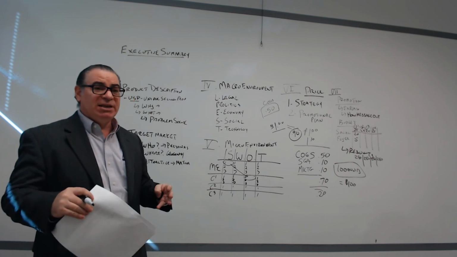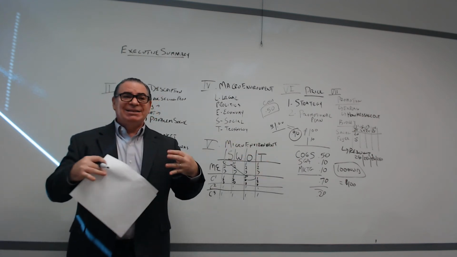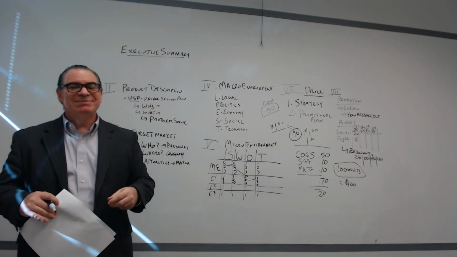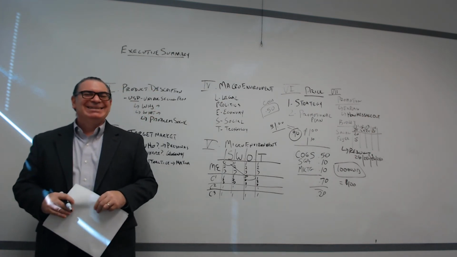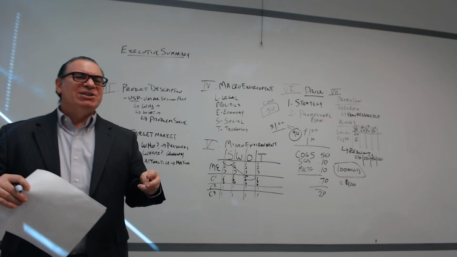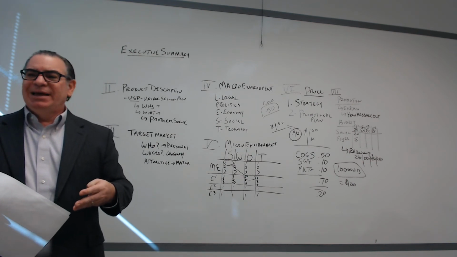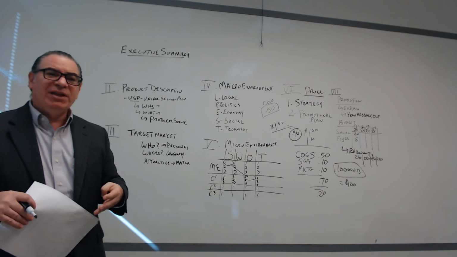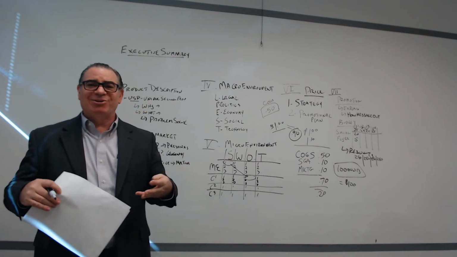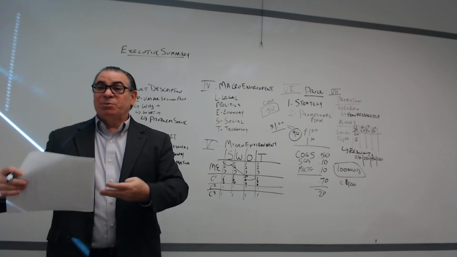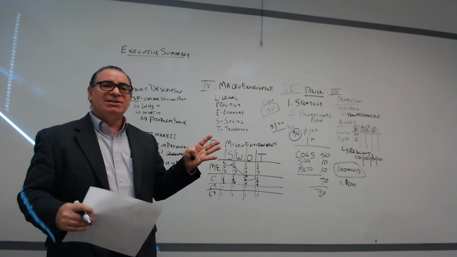If I see in your marketing plan that your numbers don't tie together, it's not good. I think that's the most important part of the marketing plan, is making sure your numbers tie together. You have to explain it too. Explain why you're doing all this, but at the end of the day, it has to tie together.